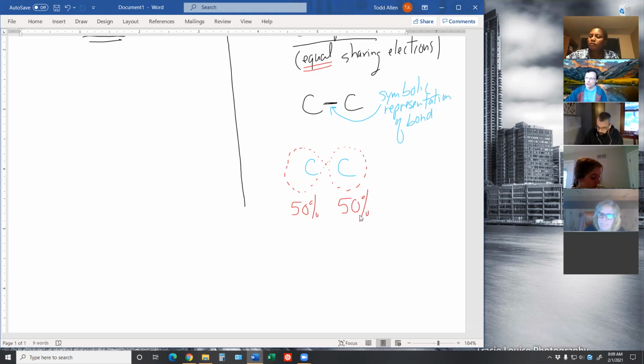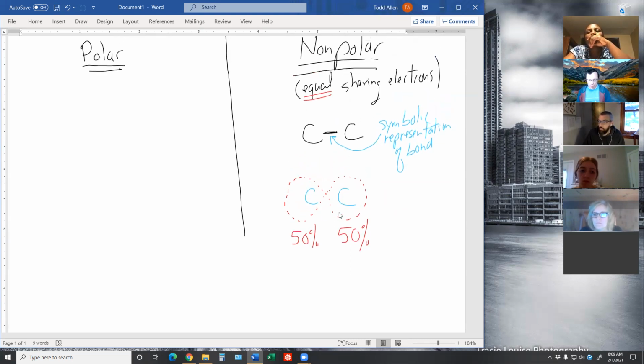The 50% on your screen represents the amount of time that the electrons being shared spend around the nucleus of both the left and right atoms. You can say they are equal, they're even. This kind of scenario creates a nonpolar covalent bond.